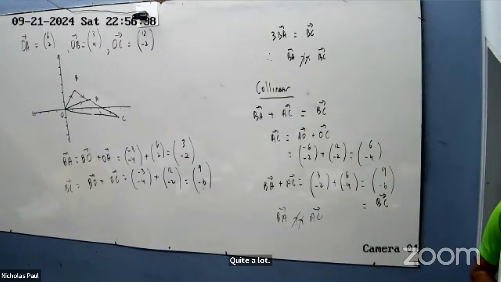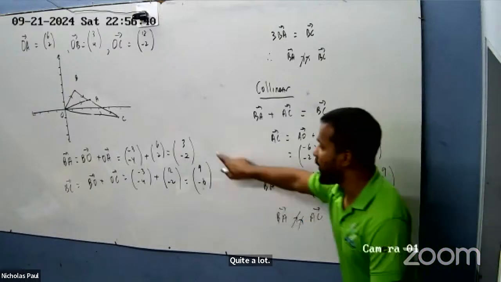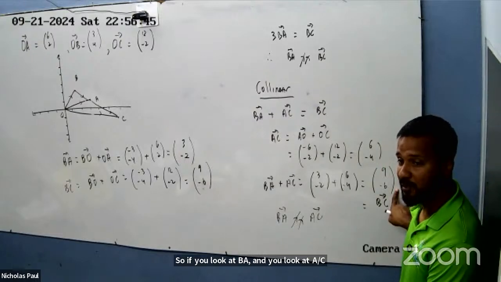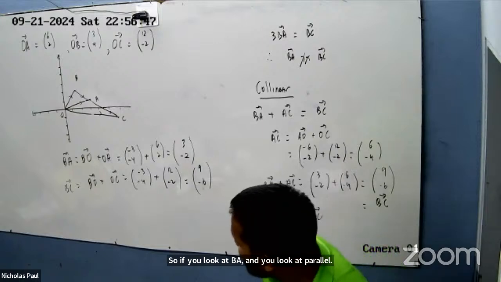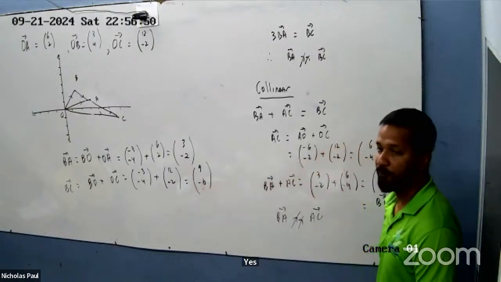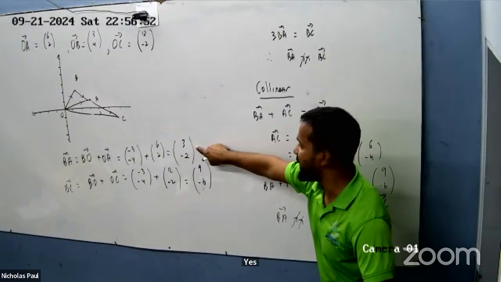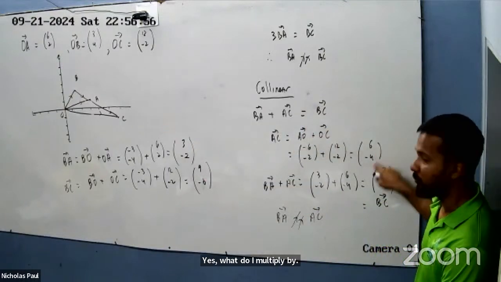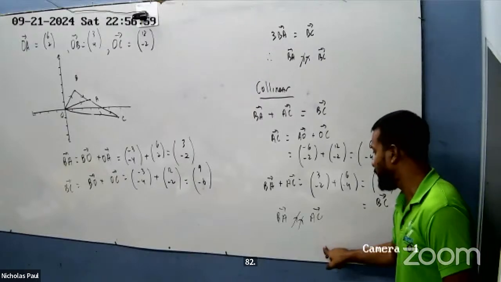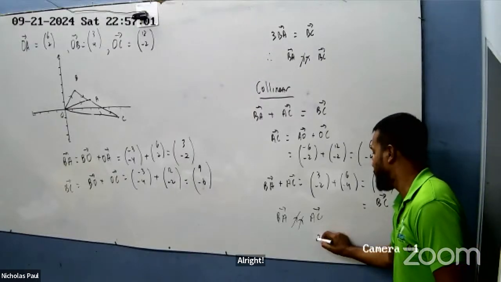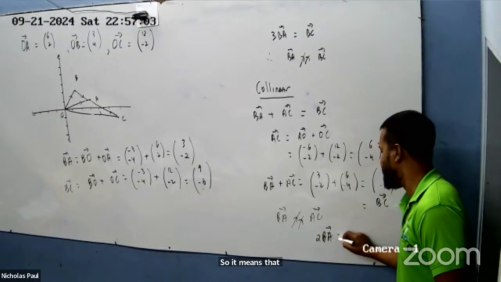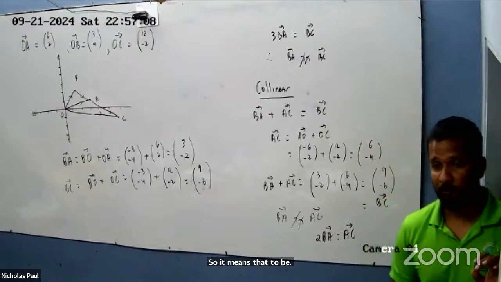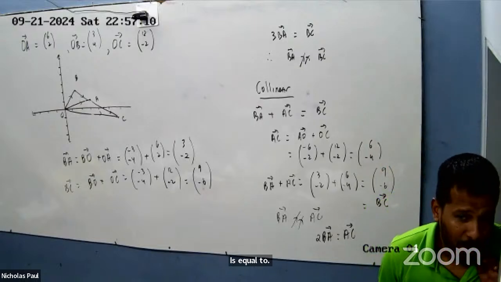They are multiples, right? So if you look at BA and you look at AC, are they parallel? Yes. What do I multiply BA by to get AC? 2, right? So it means that 2BA is equal to this. You okay with that? Yes, sir.